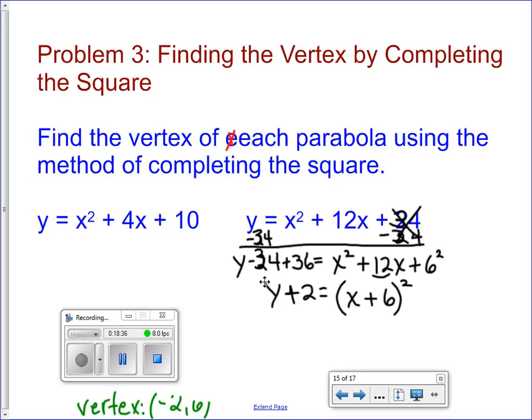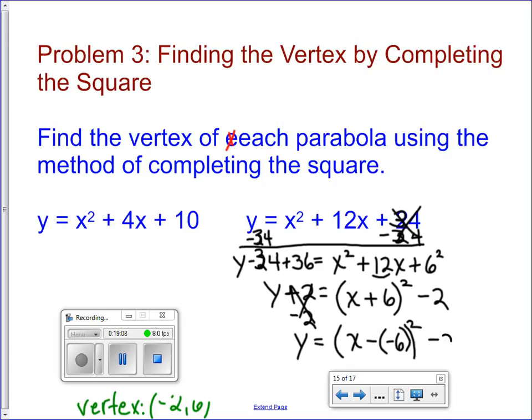All right, let's subtract the 2 from each side so that we have y equals the quantity x plus 6 squared. And again, it may be helpful, you don't have to do this, but to put it into the vertex form, I'm going to rename plus 6 as minus a negative 6.